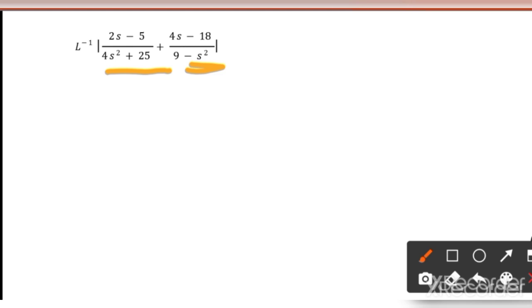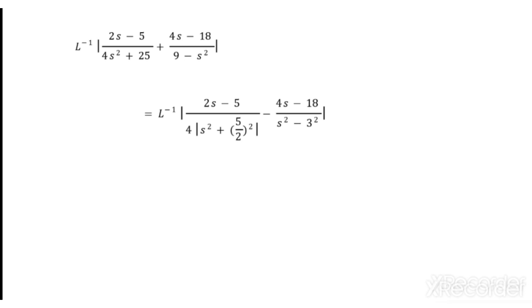So from first I can get 25. If I take it out, sorry, 4s square. So make the coefficient unity 4. If I take it out, I'll have s square plus 25 by 4, or I can write s square plus 5 by 2 the whole square, so that I can identify a. Similarly here 4s minus 18 by s square minus 3 square.